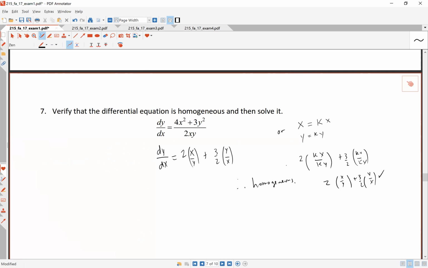And when we have a homogeneous differential equation, we make the shift or change of variables and we let v equal y over x. So that what we'll have is 2 over v plus 3/2 v.